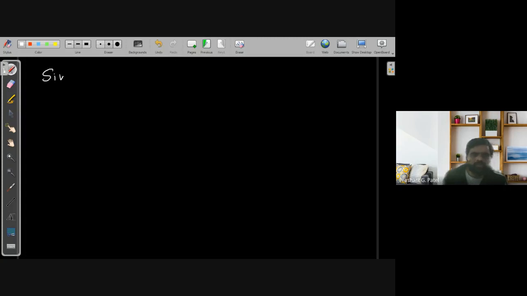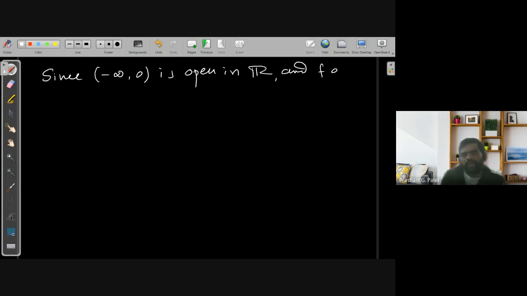So since minus infinity to 0 is open in R with the usual metric, and f and g are continuous from X to R, we know that the subtraction of two continuous functions is continuous.